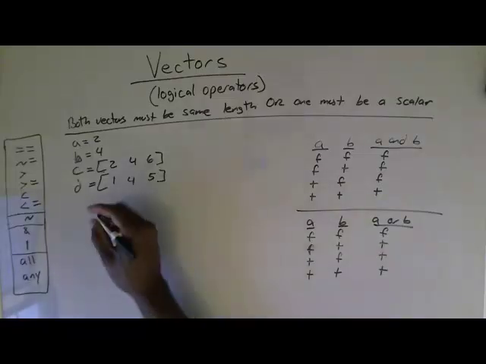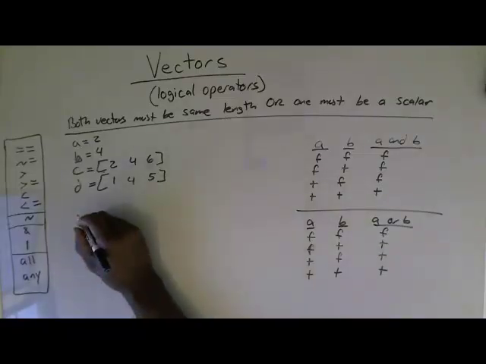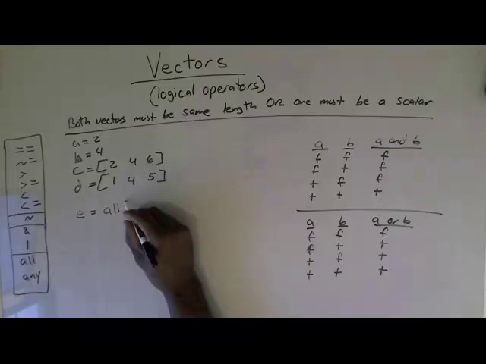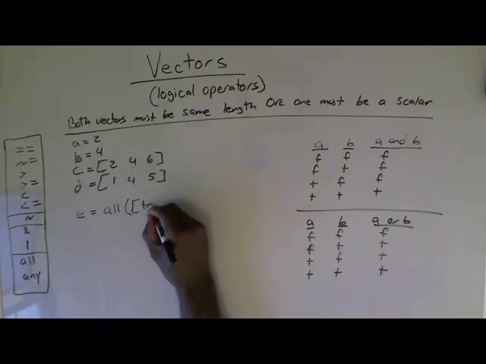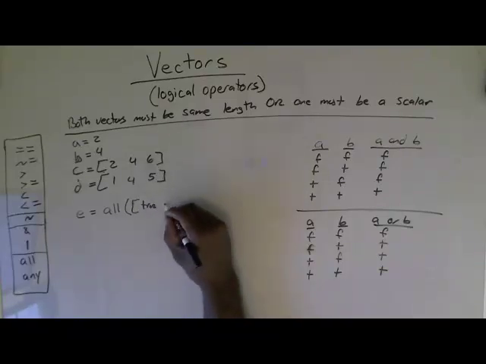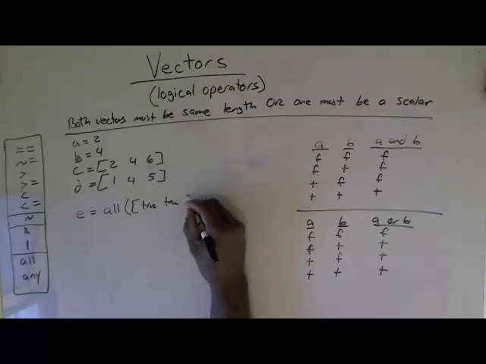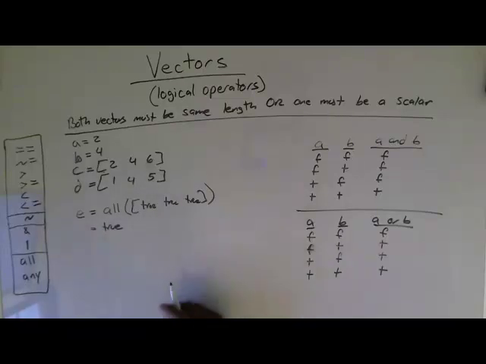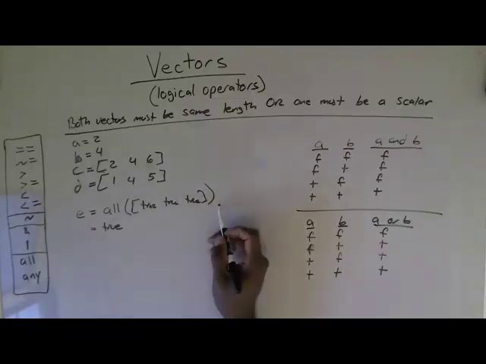So if I did E equals all and I had a vector true, true, true, then E is going to be true because all the things in there are true.